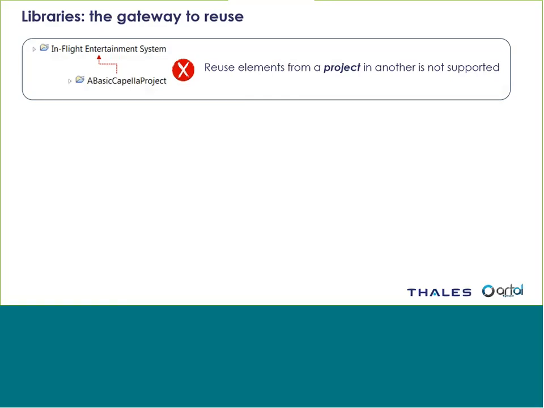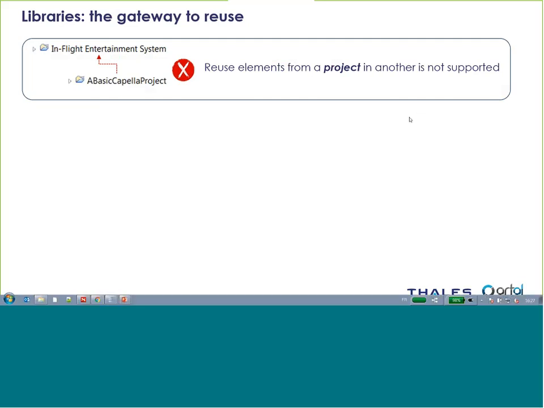So now we have explained how to build building blocks, but we did not focus on where we should store them. And the basic and quick answer is in libraries, because you cannot reuse elements from a project to another project.